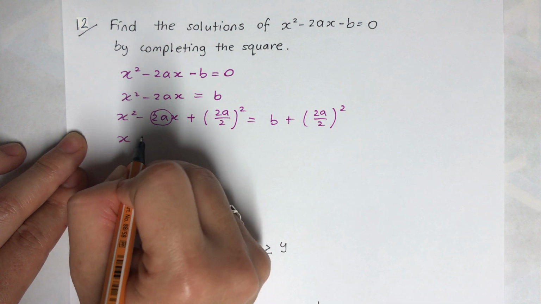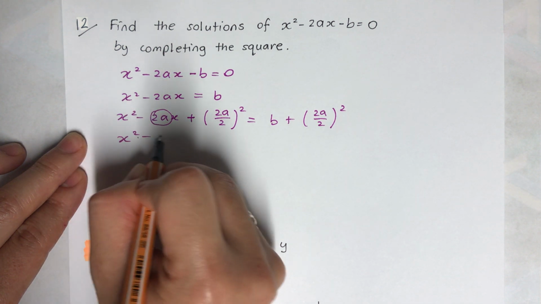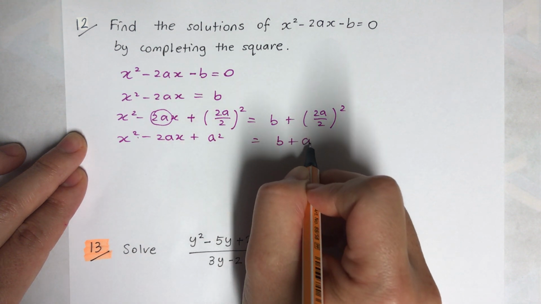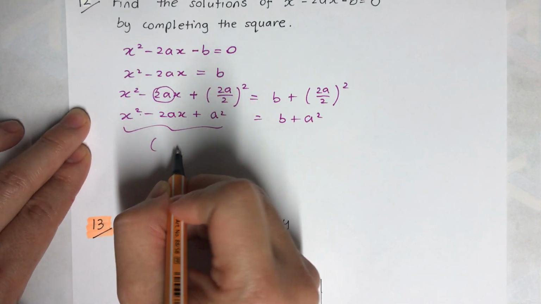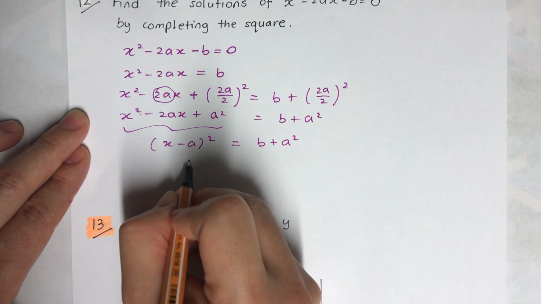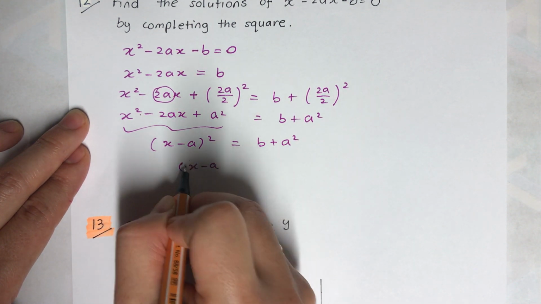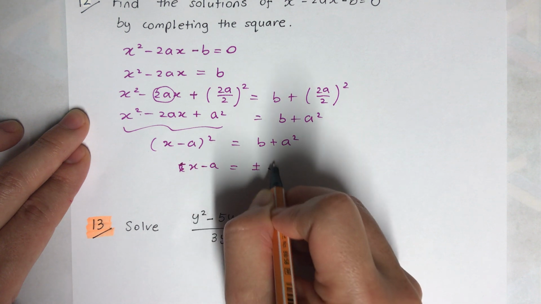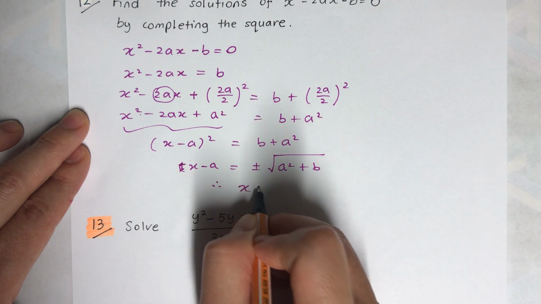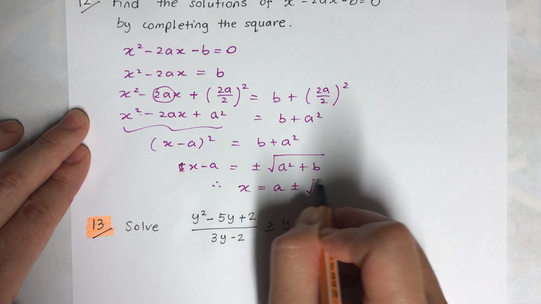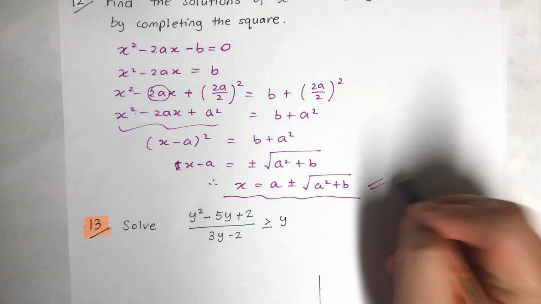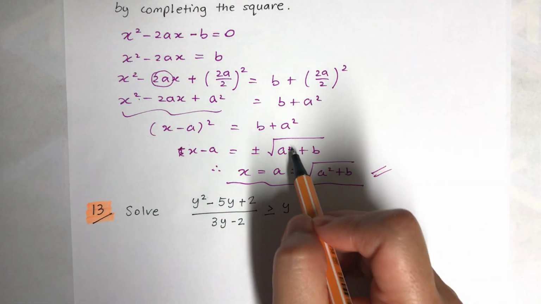So what I got here is plus a squared, b plus a squared. Now that is my perfect square. And then x minus a, plus minus, the square root of a squared plus b, and plus a, so x equals a plus minus that. Okay, so make sure you don't take that out.